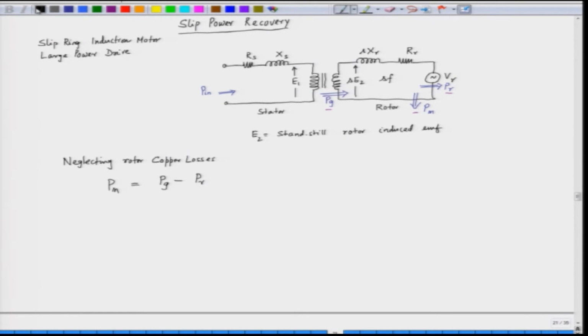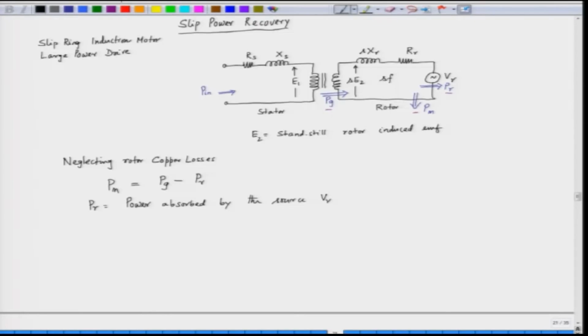This is the equation. Pr is the power absorbed by the source VR, and this is the power which is recovered here. So, that is why we call this a slip power recovery scheme.